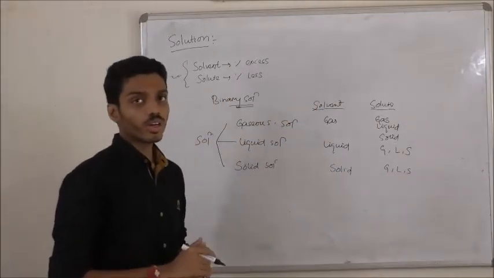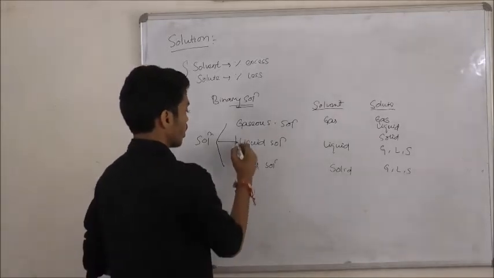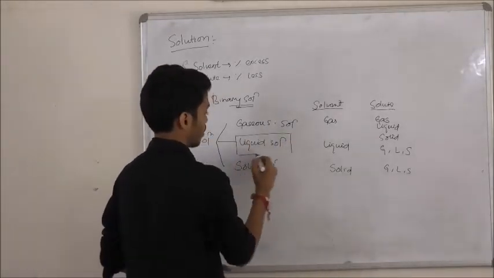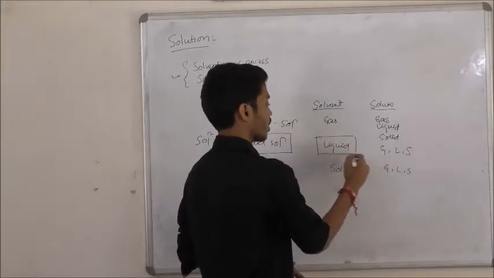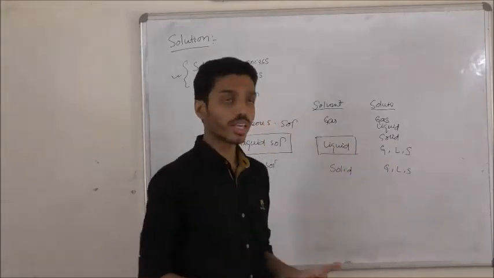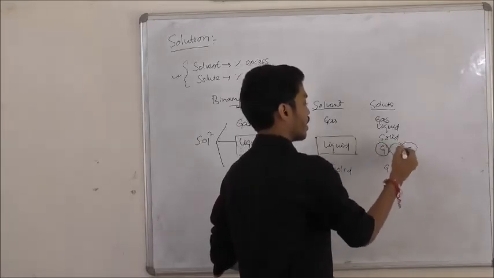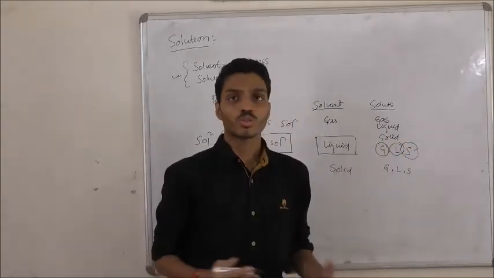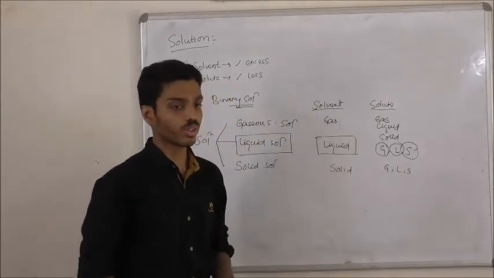In this chapter we will discuss only liquid solution, where our solvent is liquid but our solute can be gas, liquid, or solid. So let's first start with gas plus liquid solution.